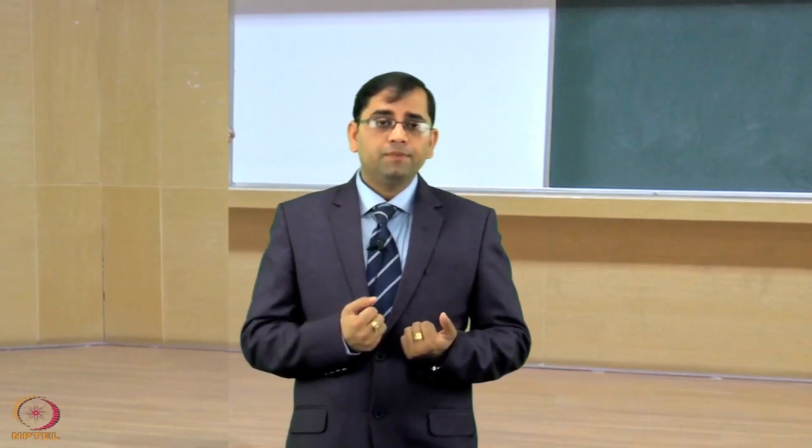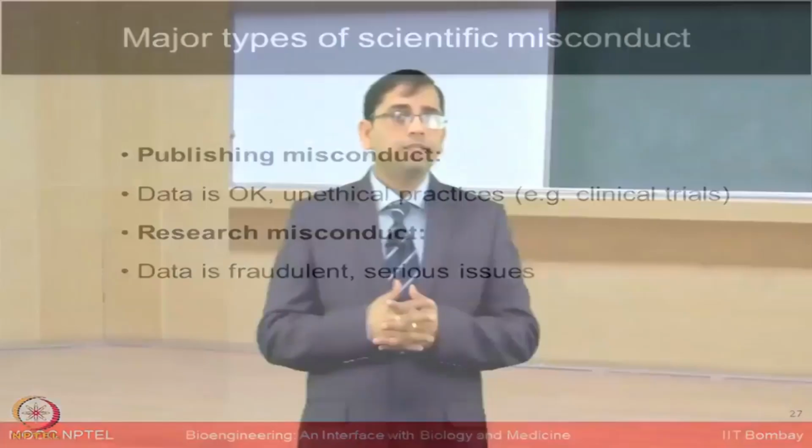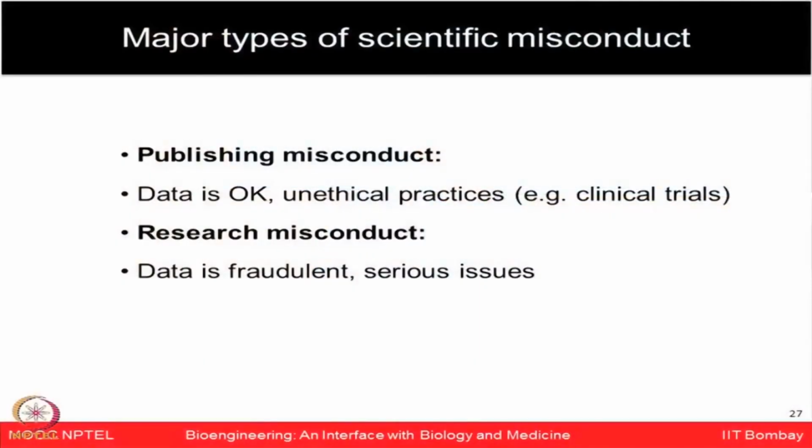That is unethical practice, which is publishing misconduct. Research misconduct is when your data itself is fraudulent, the data was generated in the wrong manner, which is a much more serious issue. Of course, any kind of misconduct is serious, but changing data or representing it in a different form is much more serious.